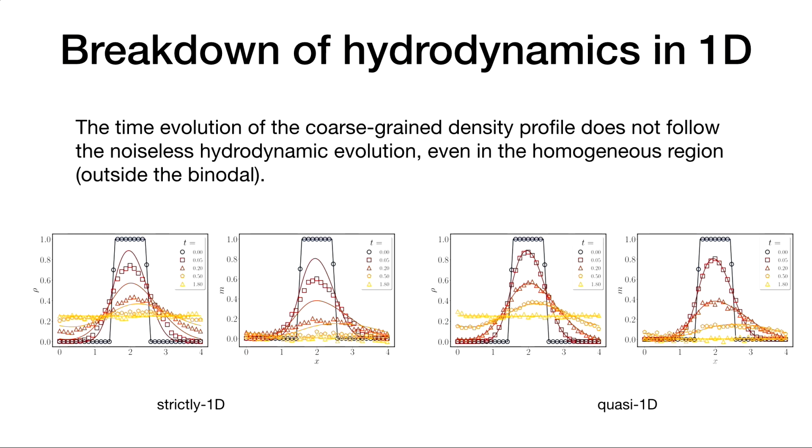The same thing you do for this quasi-1D one, the micro and the hydrodynamics follow precisely. So it says that whatever hydrodynamic equation you have written down is not a valid hydrodynamic equation in one dimension.